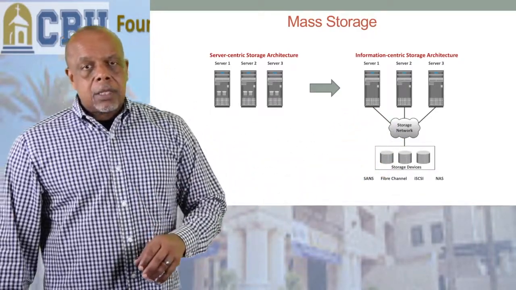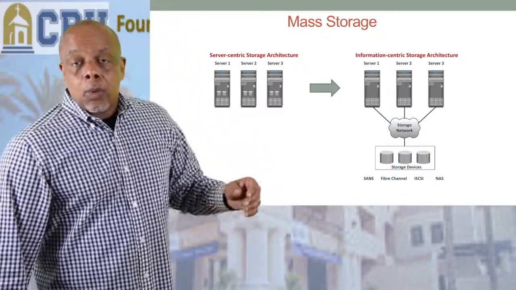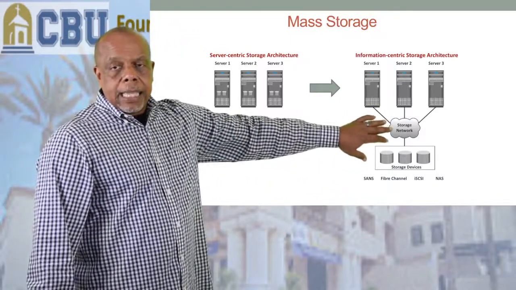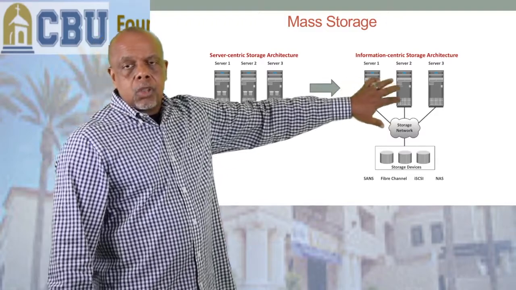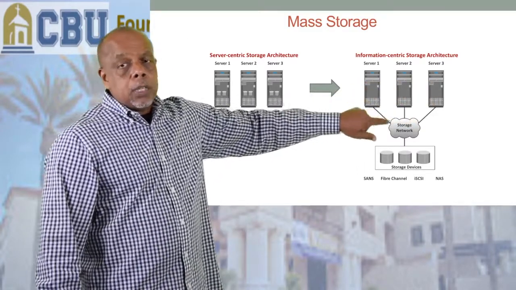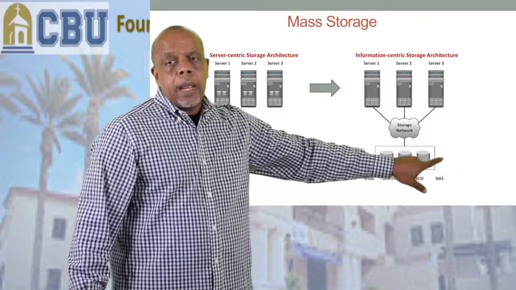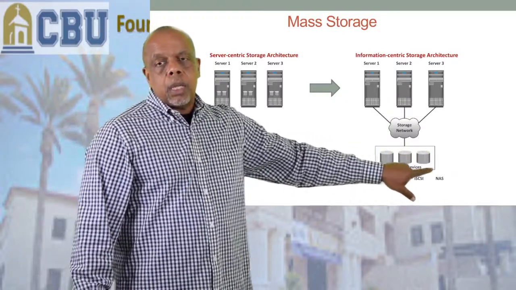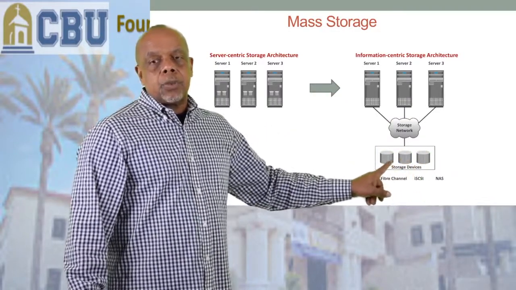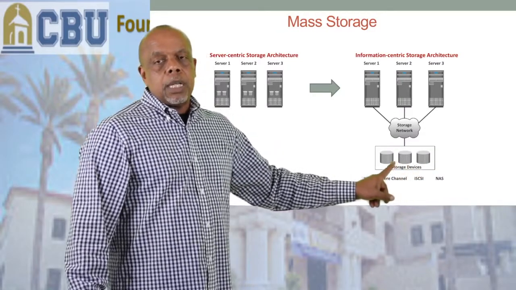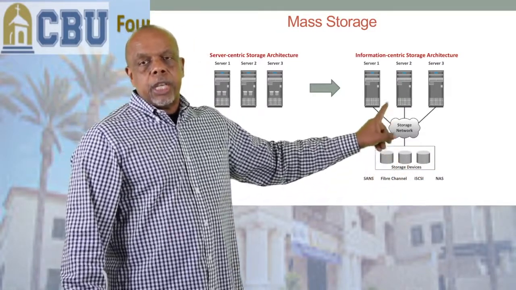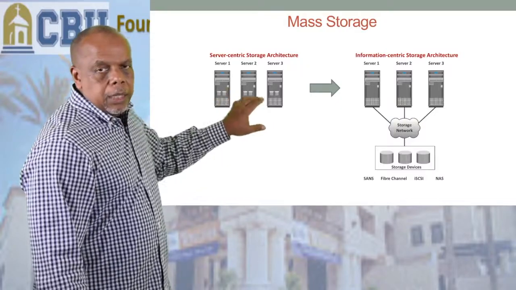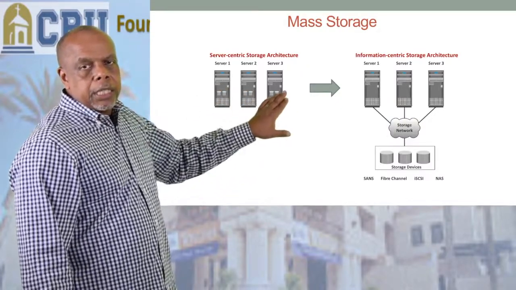Some of you may have a NAS at home, a network attached storage. But this is a SAN, so now these servers don't know and don't care where their information is stored. It could be on any of these 3. So now I can better utilize my storage because it's shared between all of these, unlike here, where the storage was very centric to each server.